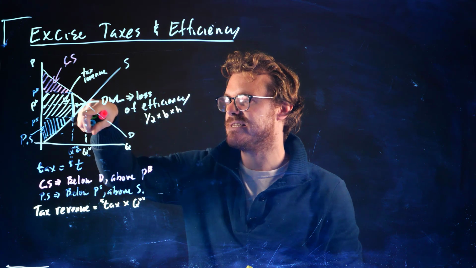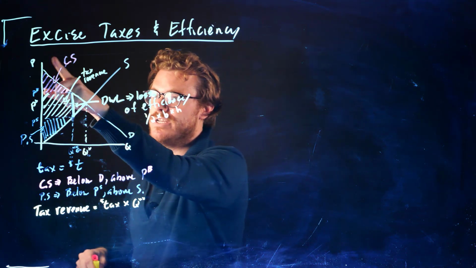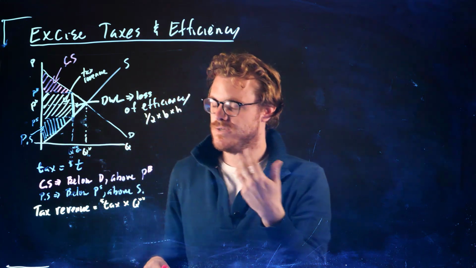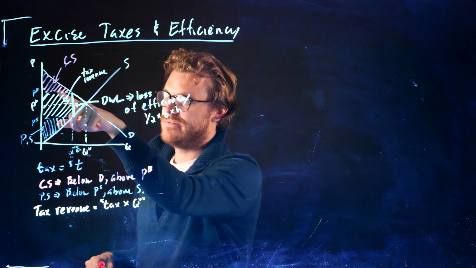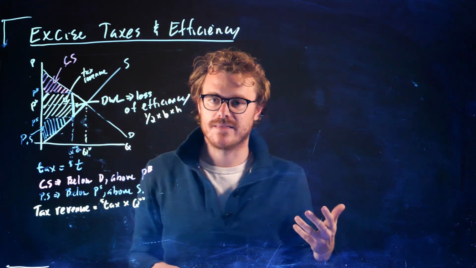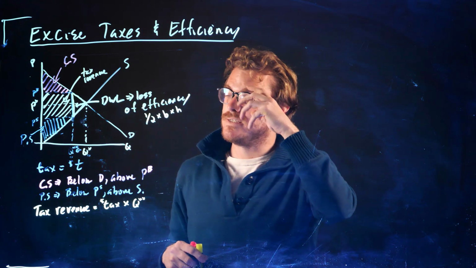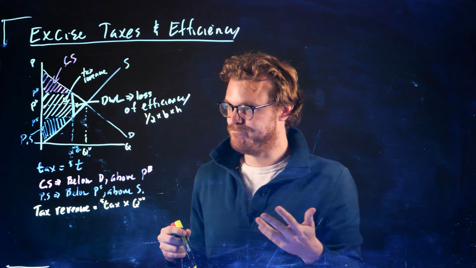So if you ever want to calculate that, we can use this area of a triangle to do that. Same with consumer surplus and producer surplus, 1/2 base times height to be able to calculate those. And then tax revenue, it's this rectangle, so length times width, right? All right, so here's how taxes are creating this inefficiency in the market.